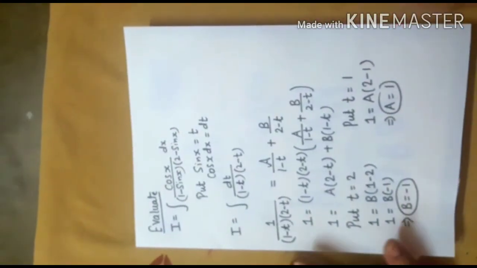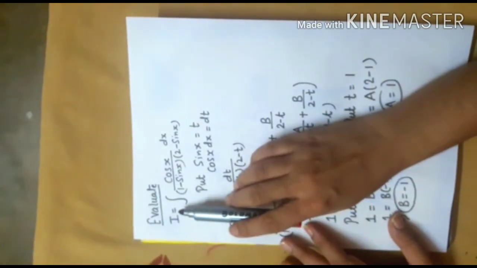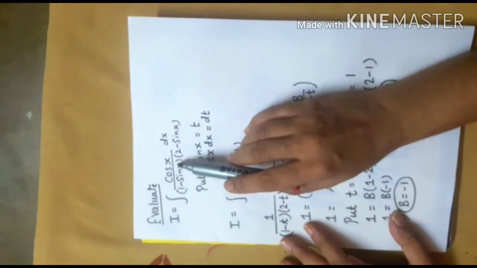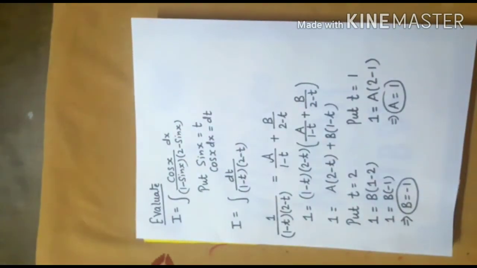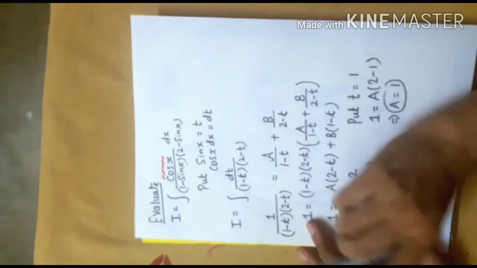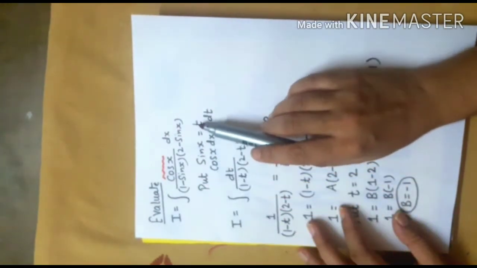Now let's take the next question. Evaluate I equals integral cos x over 1 minus sin x into 2 minus sin x dx. What is the derivative of sin x with respect to x? It is cos x, and it is present here. So I'll put sin x equals t.